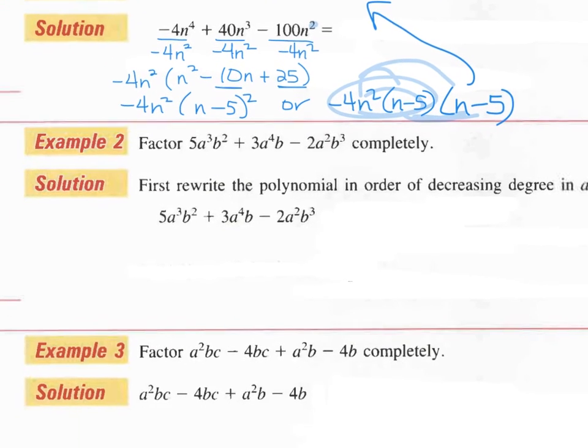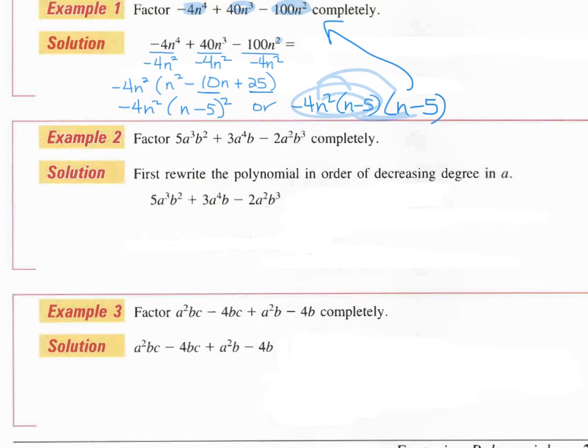Let's look for step 1, which is going to be a greatest common factor. Now here, the recommendation is to pick a letter and put the terms in order from the greatest exponent down to the smallest. If you look at this, we could either choose to do it in terms of a or b.